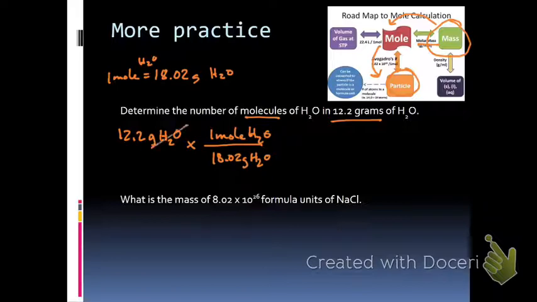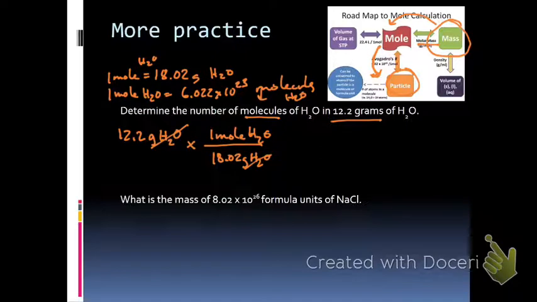So if I stopped right here, I would get moles of H2O, but I don't want moles, I want molecules. So I need to take the next step, which is the use of Avogadro's number. We know that 1 mole of H2O equals 6.022 times 10 to the 23rd molecules of water, right? So instead of solving this problem, I'm just going to continue and add a second conversion factor using Avogadro's number.